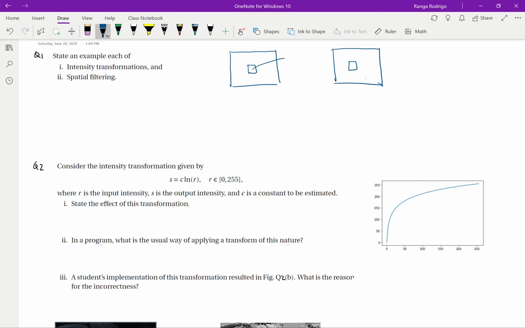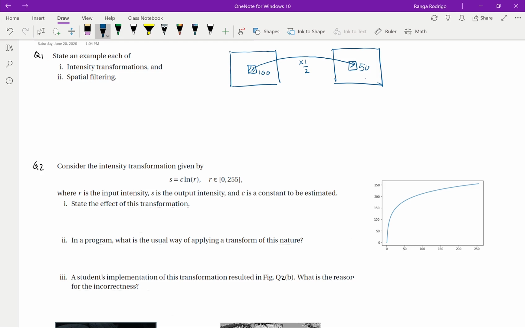So if you consider this value to be 100, and if our operation is dividing by 2, the resultant value would be 50. So what you need to know here is the value of an output pixel only depends on the value of the corresponding input pixel. Such an operation is known as an intensity transformation.